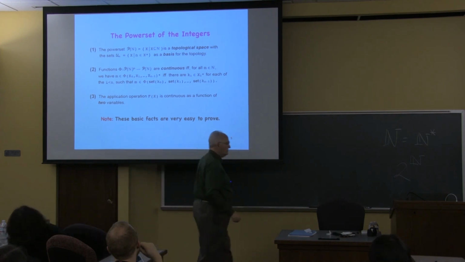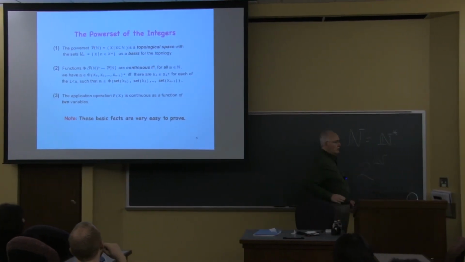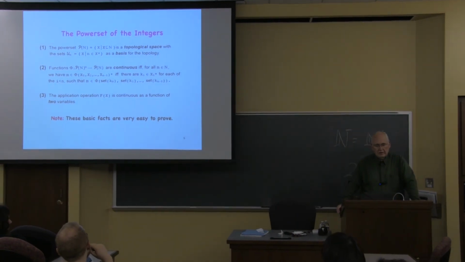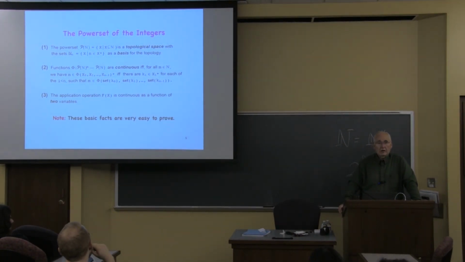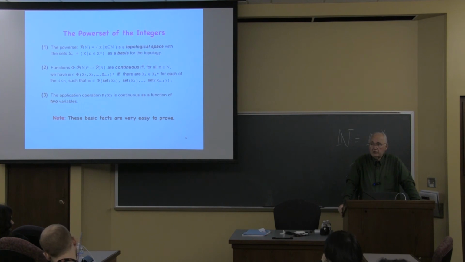And if you think in terms of your course in calculus and look at the epsilon-delta definition, finite amounts of information are usually given by rational intervals, and so a continuous function is such that a rational interval around the function value is already determined, so that the function will stay within that rational interval, by a rational interval about the argument. And you can rewrite that in terms of epsilons and deltas. But it's really exactly the same definition.